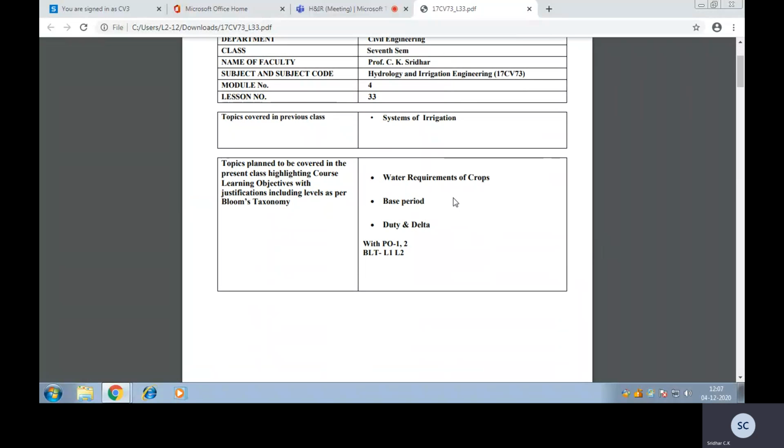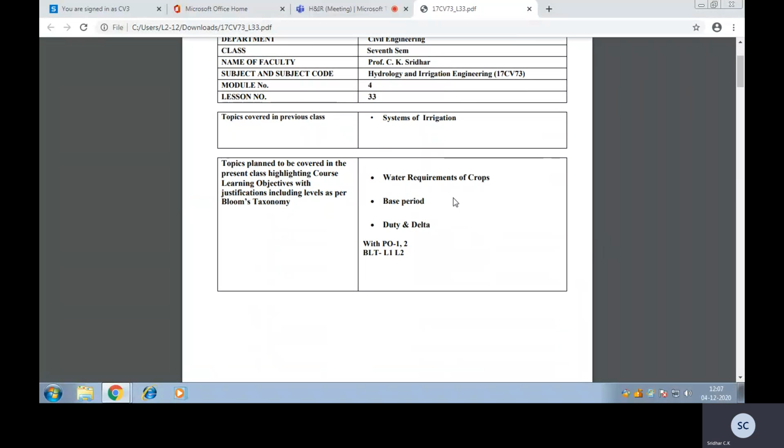Now, every crop requires a certain quantity of water in a certain period. In the entire system of developing the crop, it is very much necessary to assess what is the requirement of water which is required for the good outcome of the crop, from the particular type of soil and for the particular crop itself.